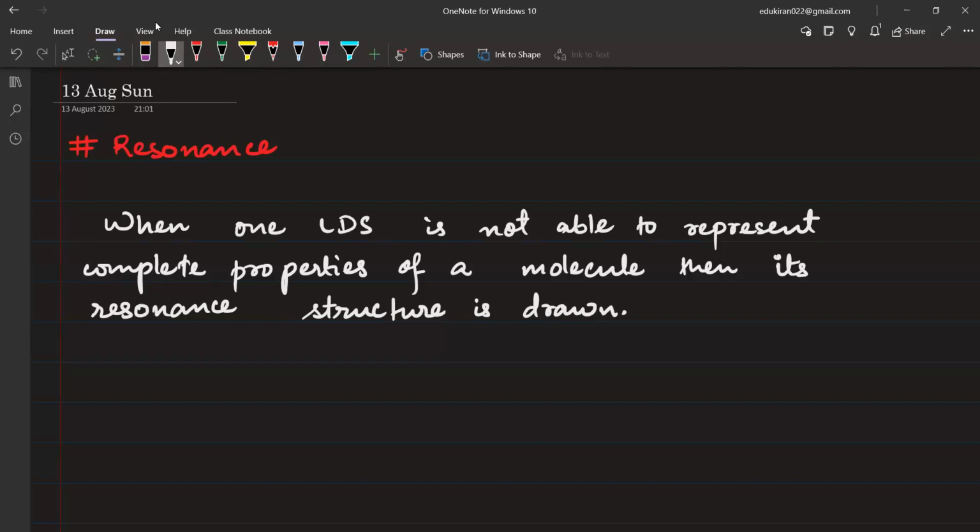Okay, its resonance structure is drawn. So write next.